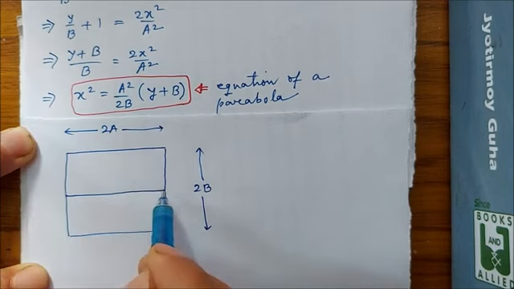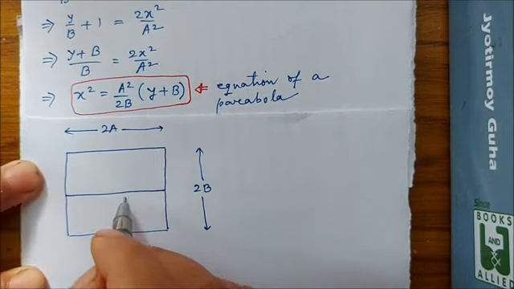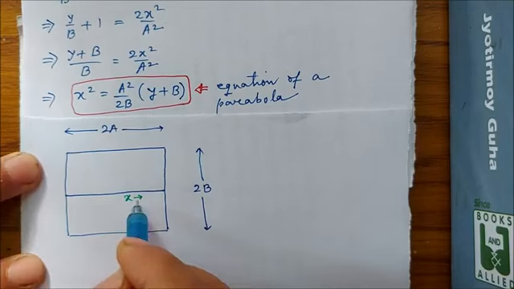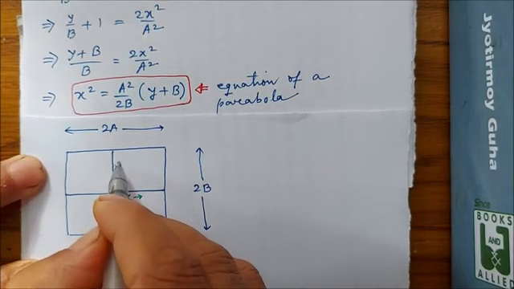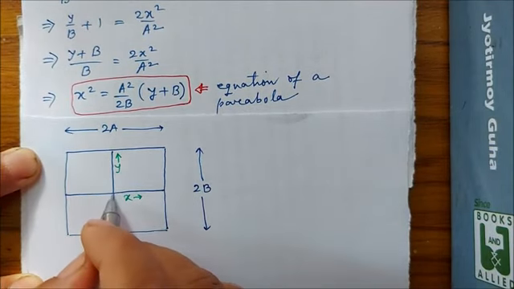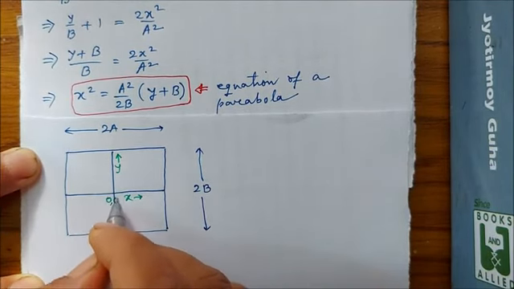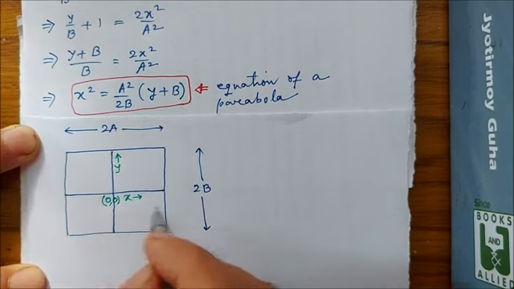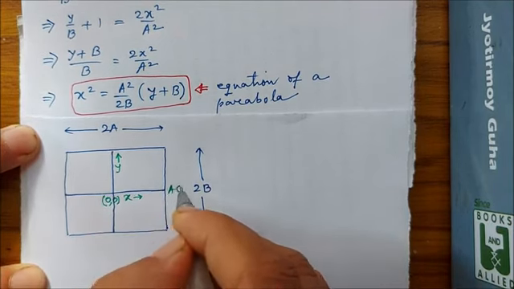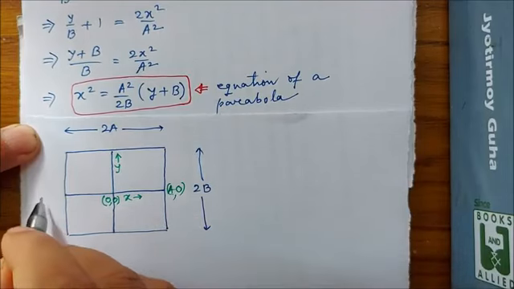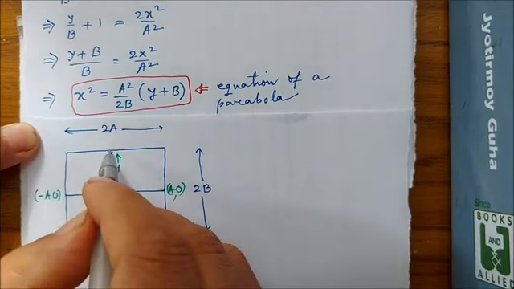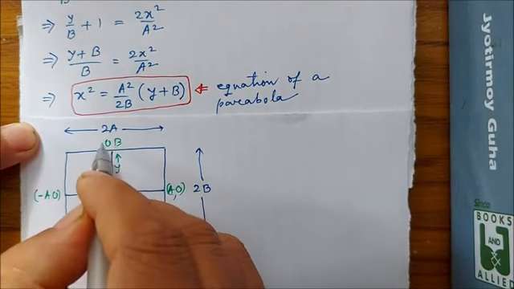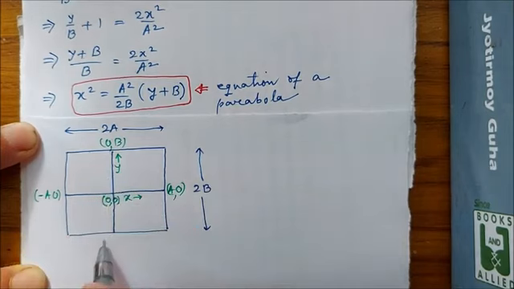And this is the x-axis, and this is the y-axis, and this is the origin having coordinates 0, 0, and the coordinates of this point is a, 0. This point has coordinate minus a, 0. This point has coordinate 0, b, while this point has coordinate 0, minus b.